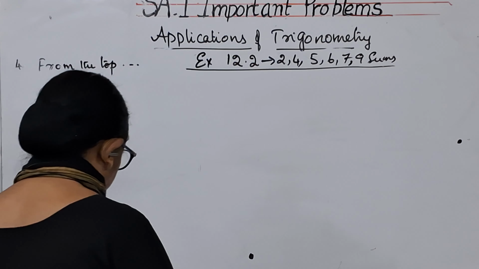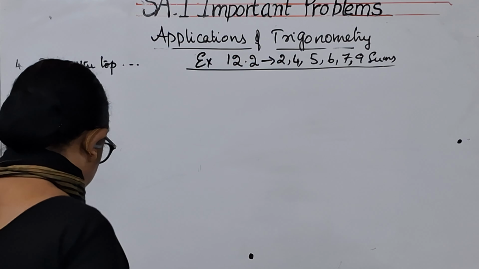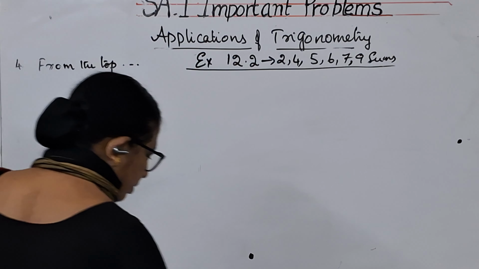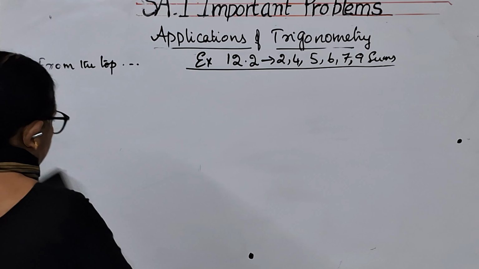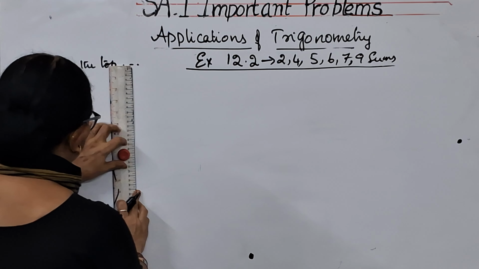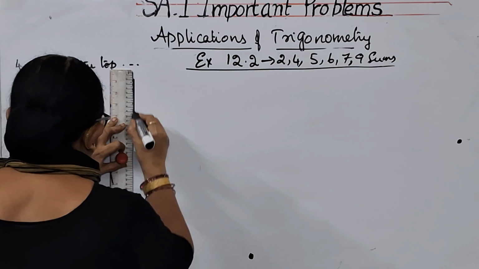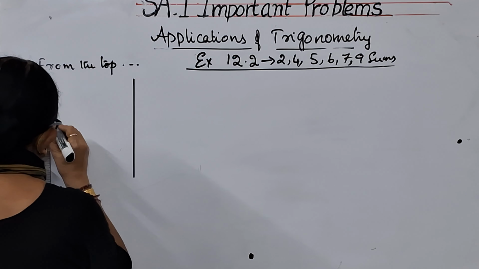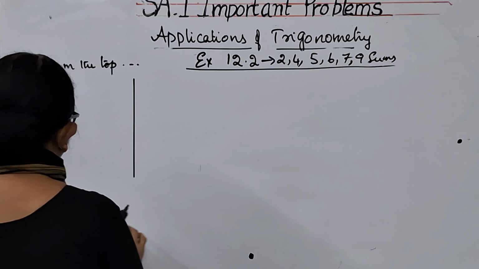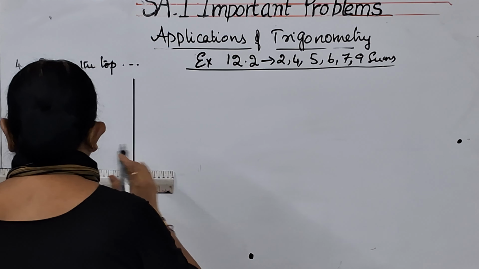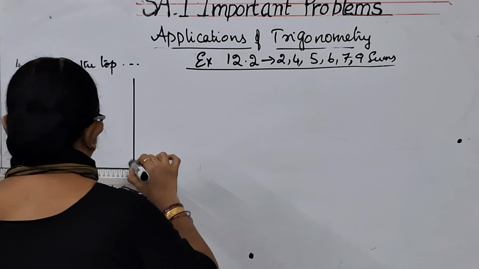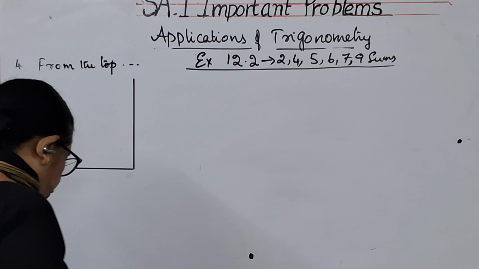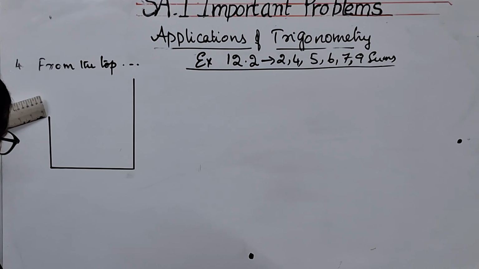This is the question. What did they give? They have given a building and a tower. So let us take the two sides first. This is a tower, and this is a building. What did they say? From the top of the building means from this place.